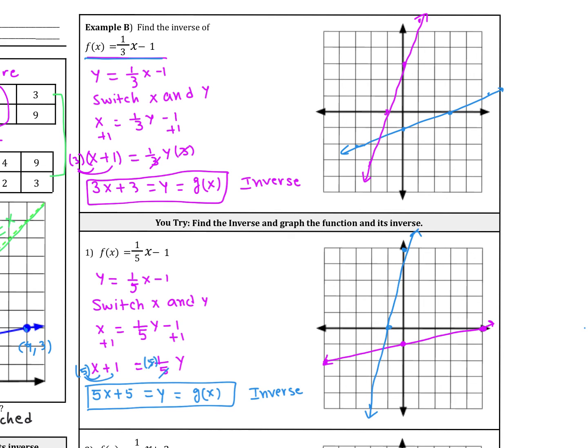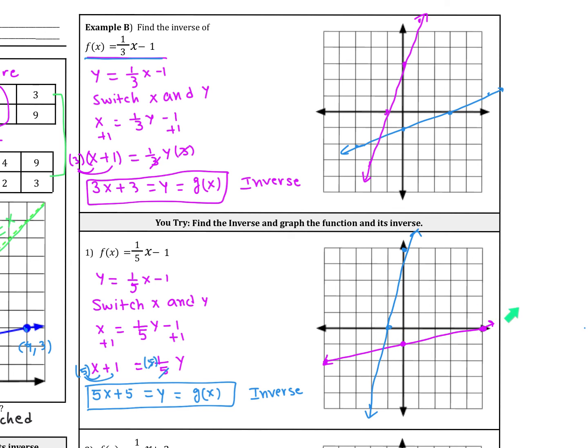For number 1, you have f(x) equals 1 over 5 x minus 1. You switch the f(x) as y and then switch x and y. You solve for y and you got y equals 5x plus 5. Now you're going to graph both of the functions, the original and the inverse function. For the original function, you have negative 1 as your y-intercept, up 1 over 5.